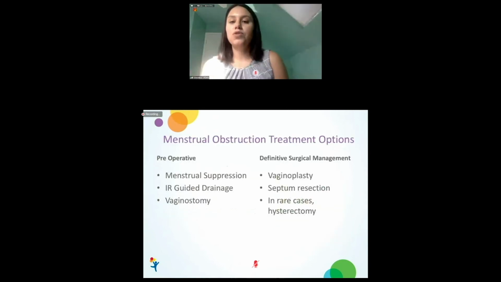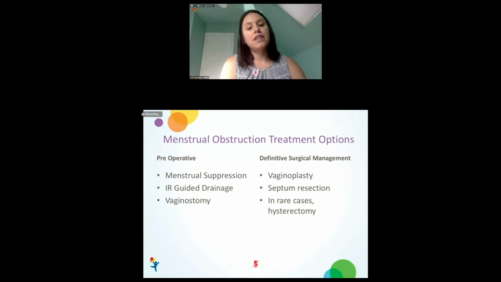Specifically with menstrual obstruction, the treatment options preoperatively include menstrual suppression, so stopping those periods. If the obstruction is significant, we may recommend draining that with our colleagues in interventional radiology, or placing a vaginostomy tube to drain the obstructed menses.